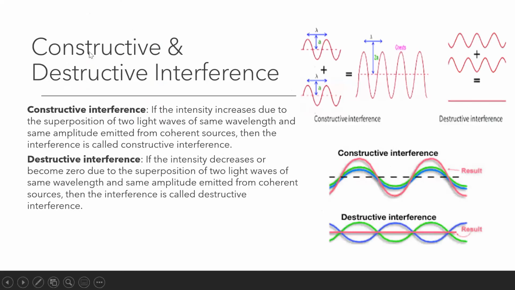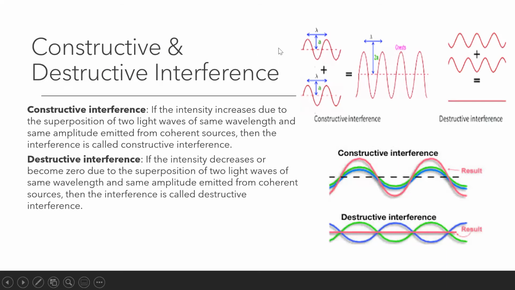So interference can be constructive or destructive. What is meant by constructive interference? If the intensity increases due to the superposition of two light waves of same wavelength and same amplitude emitted from coherent sources, then the interference is called constructive interference.